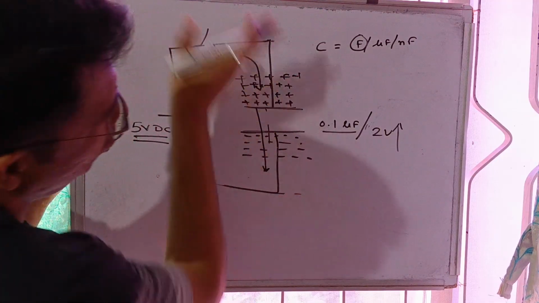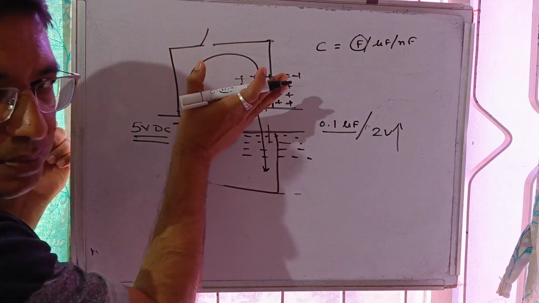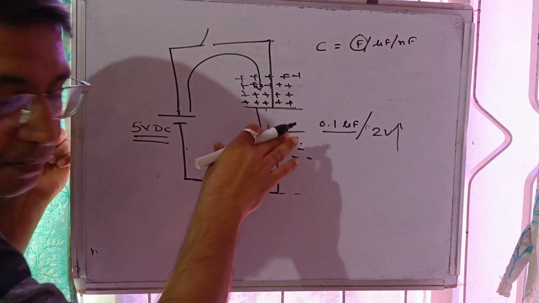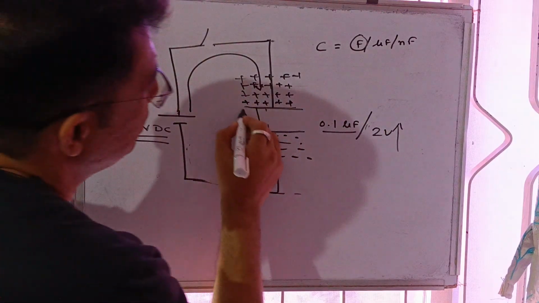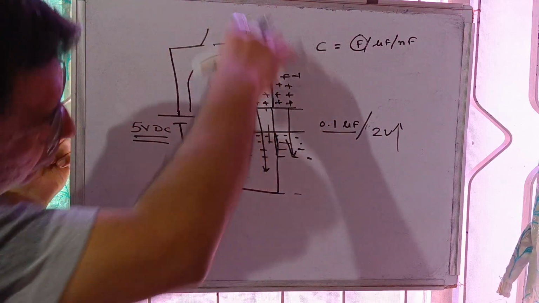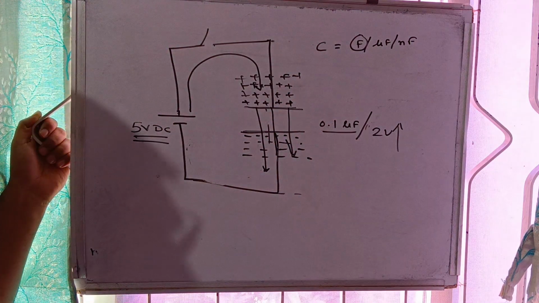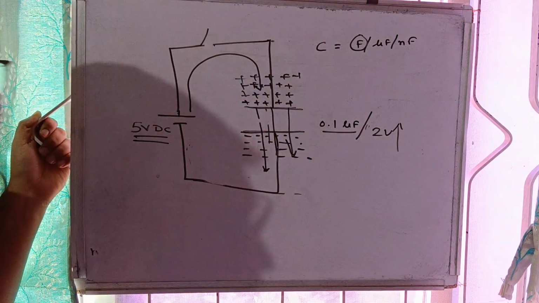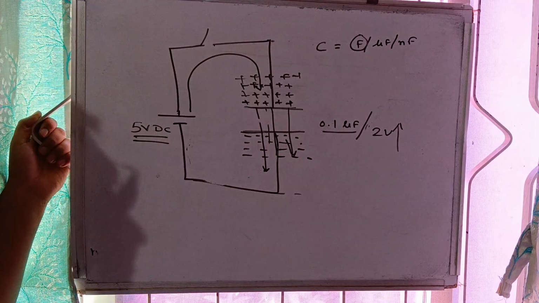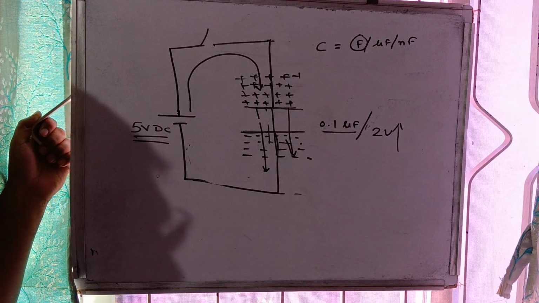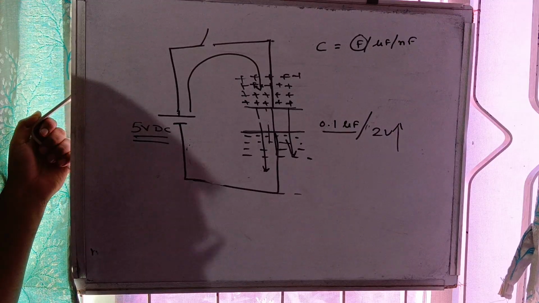So a flow of current will take place, because this positive attracts this negative, and it will rupture this, and it will try to flow the current between the two plates. This phenomenon is called explosion of capacitor, or blast of capacitor.